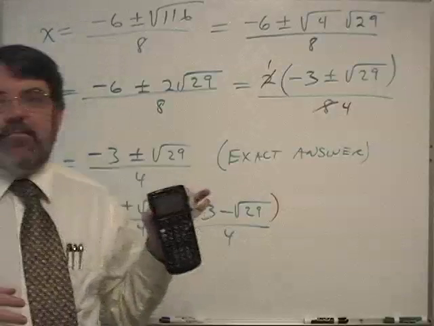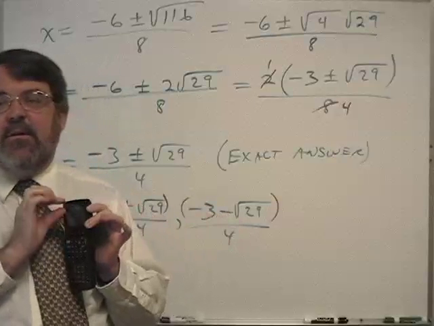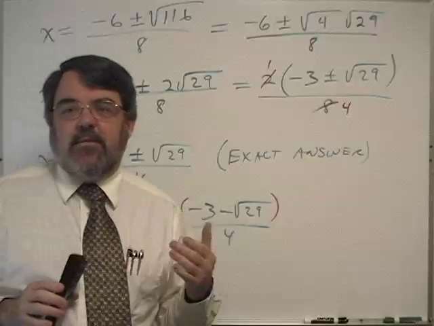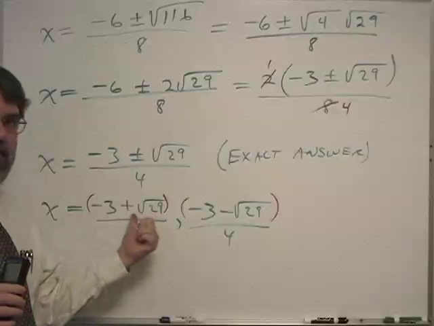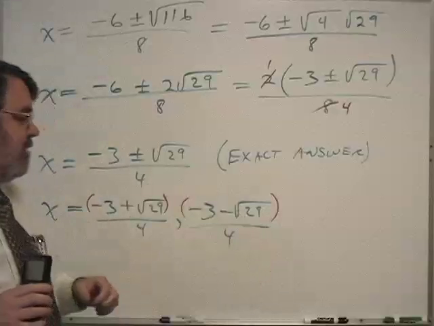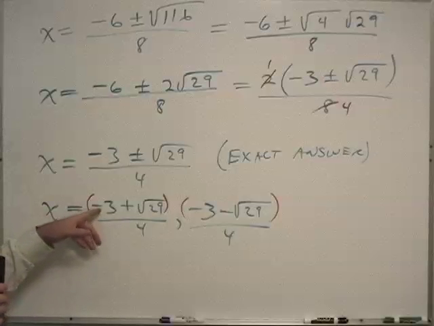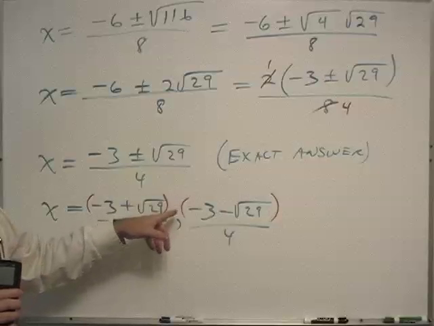Graphing calculators and many of the newer calculators, particularly the ones which show what you're typing on the screen, allow you to punch in the square root key first and then 29. So on those calculators you would punch in left parentheses, -3 plus square root 29, close parentheses.